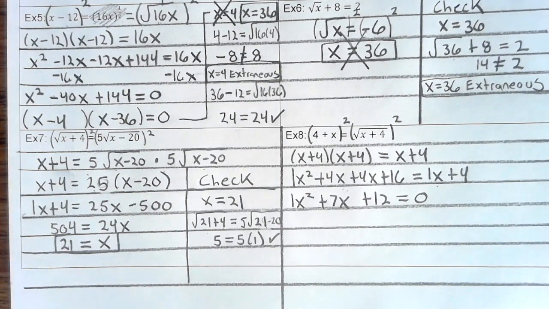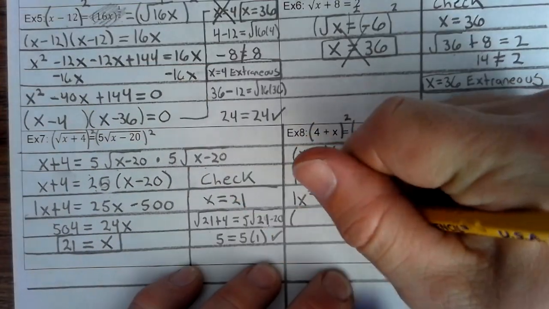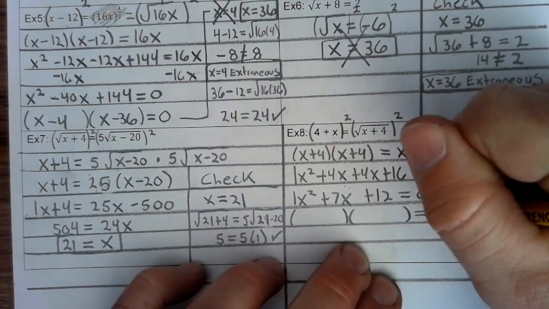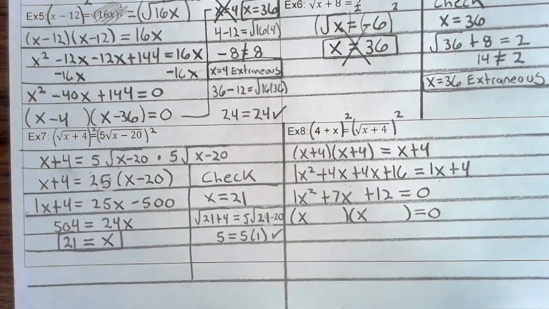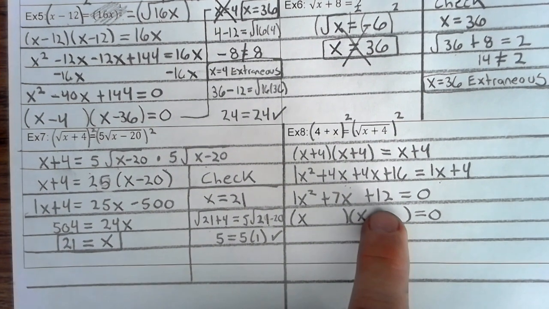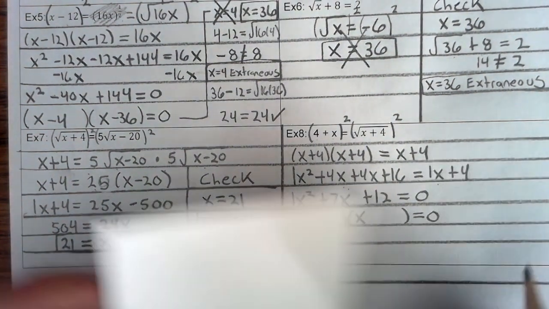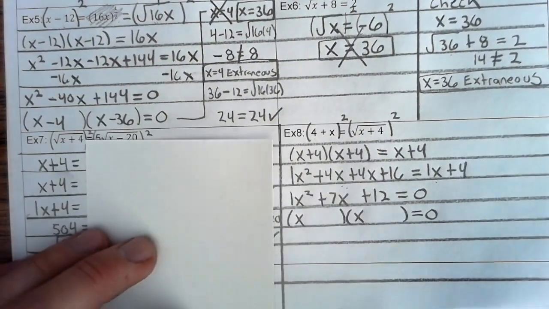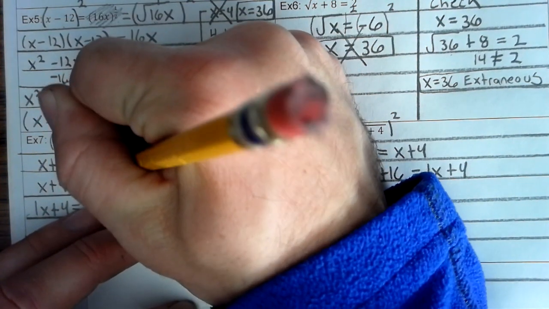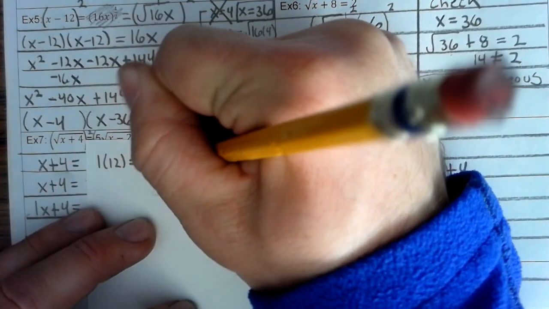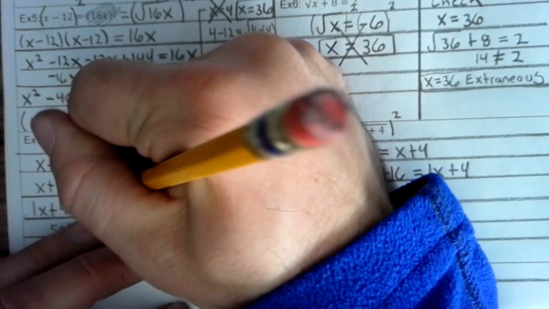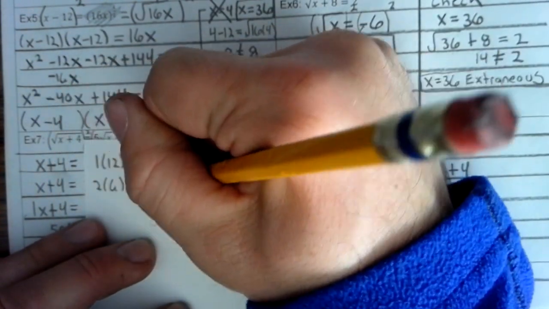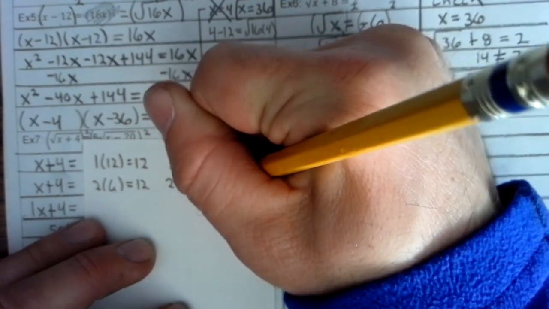All right, now we need to factor. We know x and x makes x squared. Now we need to find all the combinations to make 12 and combine to be 7. So 1 times 12 is 12. 1 plus 12 is 13. That didn't work. 2 times 6 is 12. 2 plus 6 is 8.